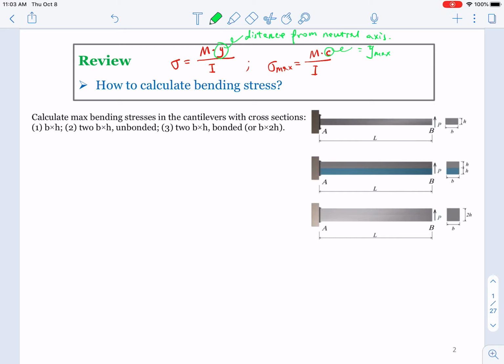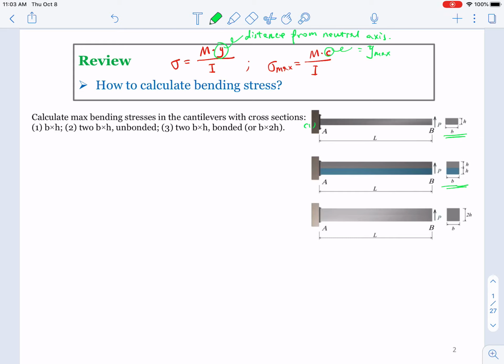What I'm showing here is from our after class exercise 13, example 8. Okay, let's look at this example. Here we have a cantilever beam, and we're asked to calculate the maximum bending stresses in the cantilevers with different cross sections. Case 1 is just B times H. Case 2 is two sections B times H stacked together, but without interfacial bonding.